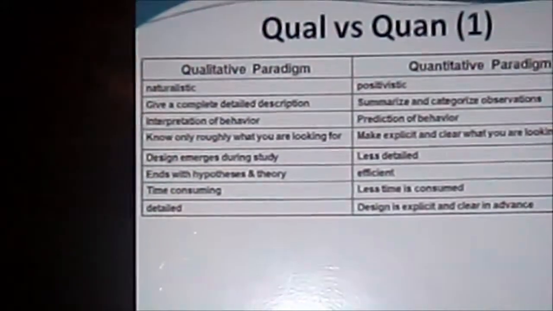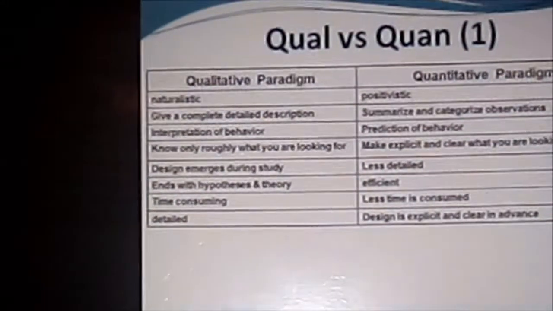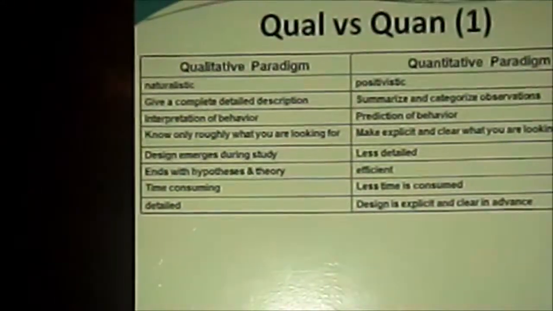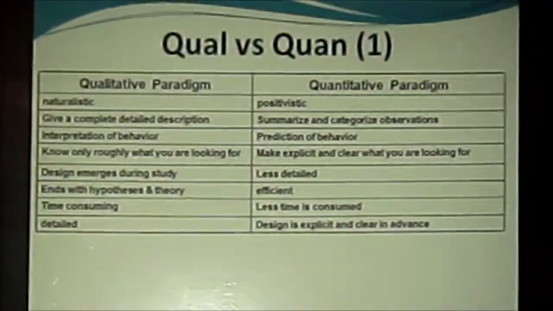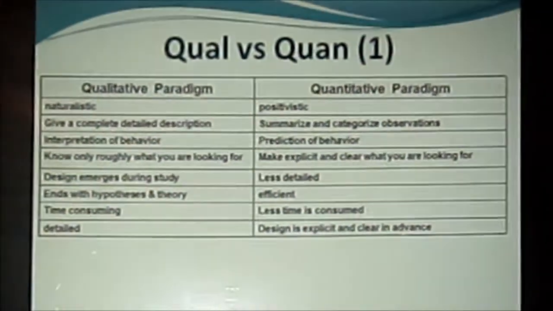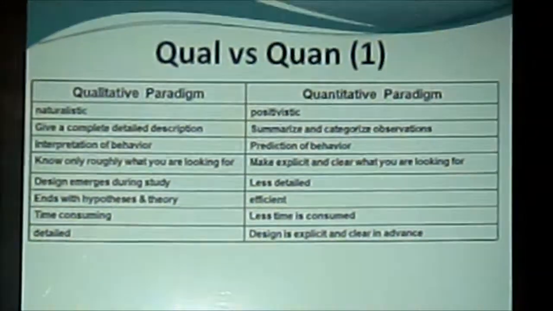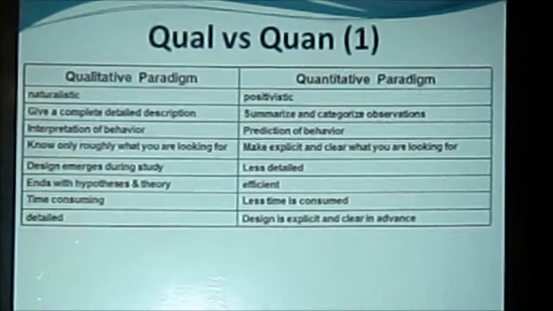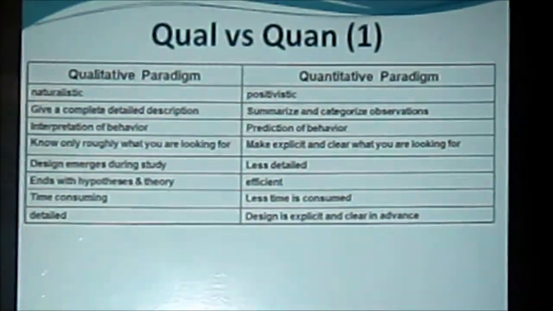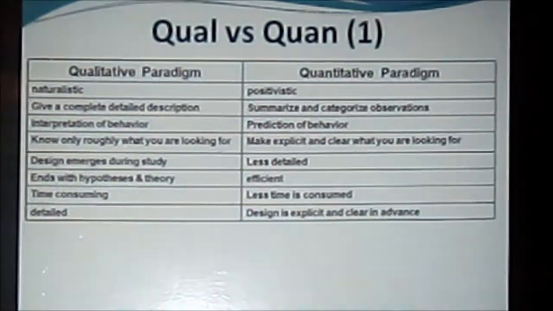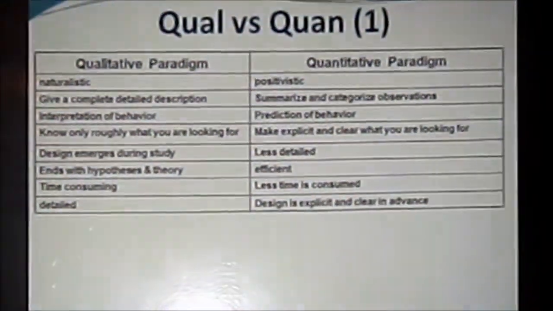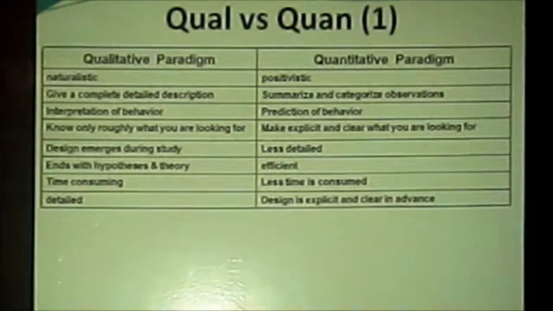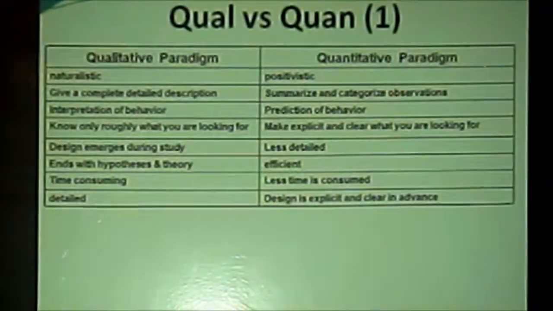In qualitative research, the focus is on interpreting the behavior, trying to explain and understand the phenomenon under study. However, in quantitative research, the focus is on prediction of the behavior. Since we have variables, we try to know in advance what will happen to the event being studied.